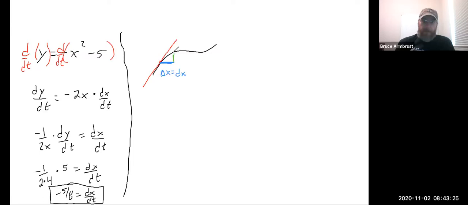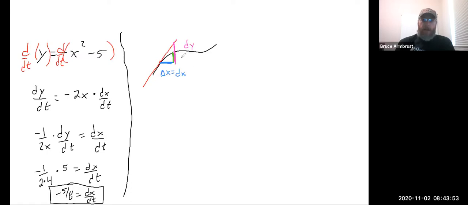There's this one that I'm going to make green that just goes to the function. And then I'll make another one, let's make it pink, that goes all the way up to the line. So the one on the tangent line, that's our differential. That's our dy.